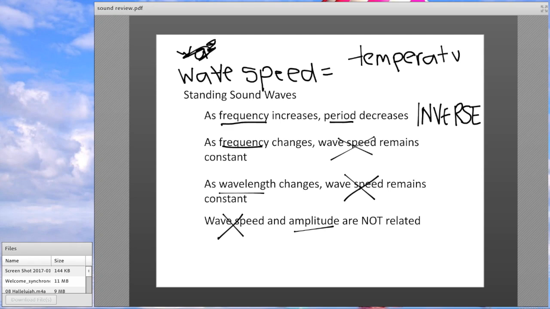And then also the medium, and we discussed that as well. Sound travels faster in a liquid than a gas. That's the medium. So these are your two things that affect your wave speed: your temperature and the medium. None of these other things. My kids would always miss questions about that too.